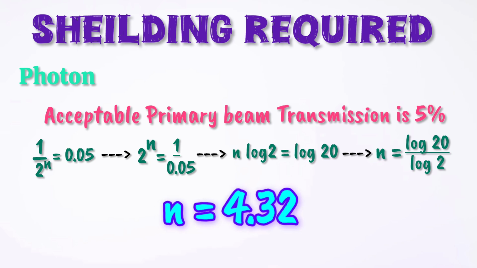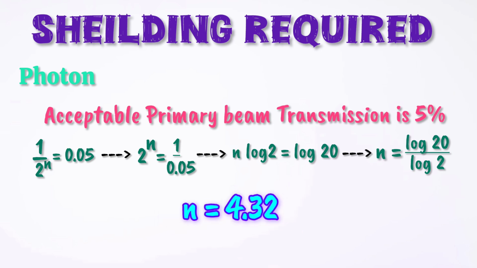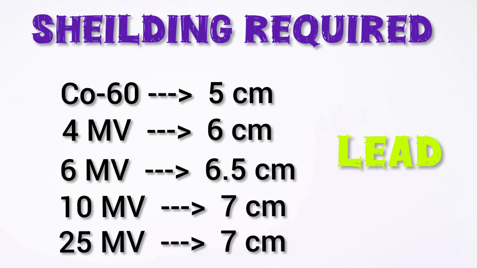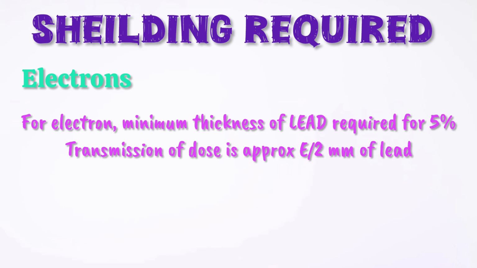So thickness of lead greater than 4.32 half-value layers would give less than 5% primary beam transmission. Few values of lead thickness required for different energy to provide less than 5% transmission. For electron, minimum thickness of lead required for 5% transmission of dose is approximately E by 2 mm of lead.